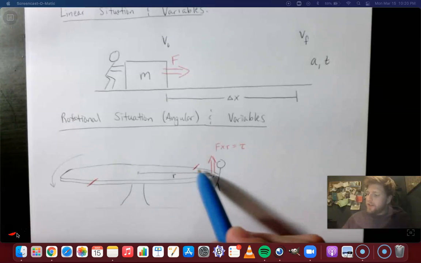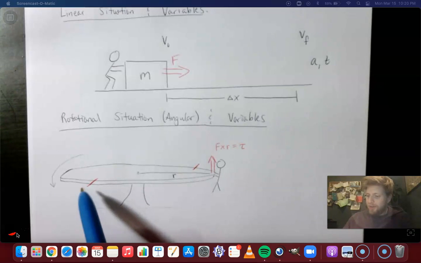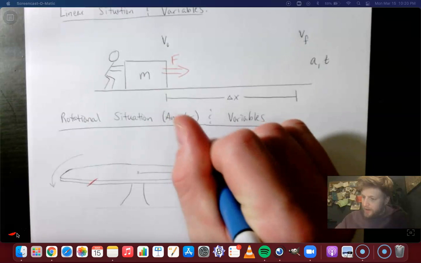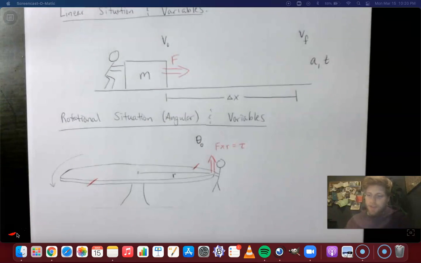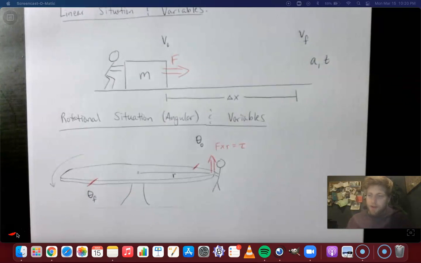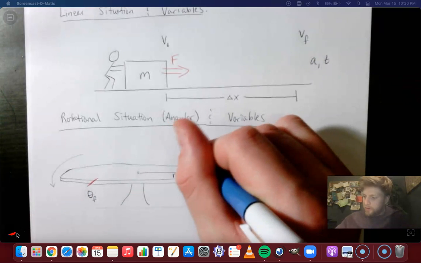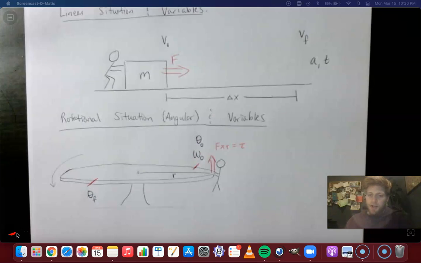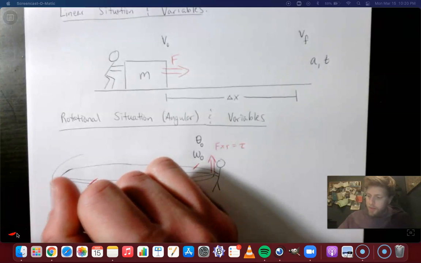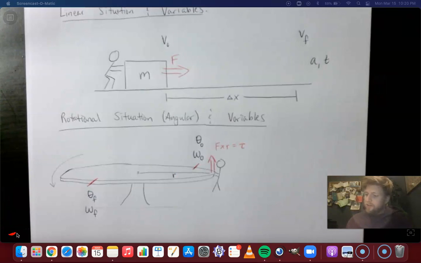And let's just say that they started the merry-go-round moving here and it ended over here. We would say that this was the initial angle theta, and this over here would be the final angle theta final. It would have started with some initial angular velocity omega naught, and it would have ended with some final angular velocity omega final.